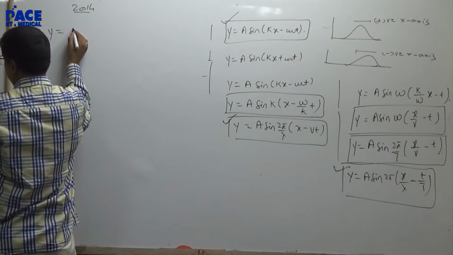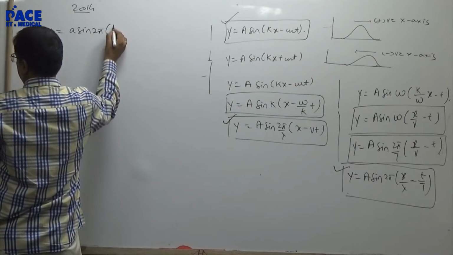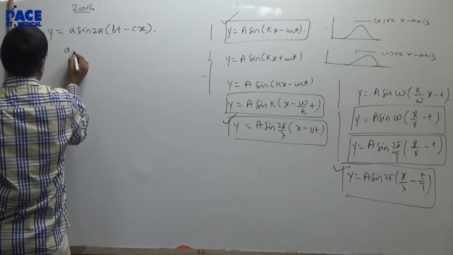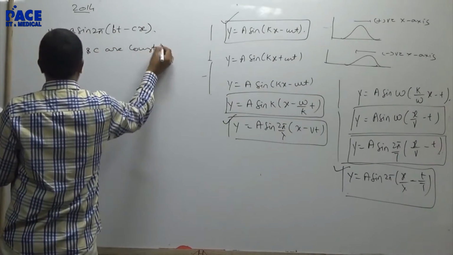2014 question. y is equal to A sin 2 pi (bt minus cx). A, B and C are constants.